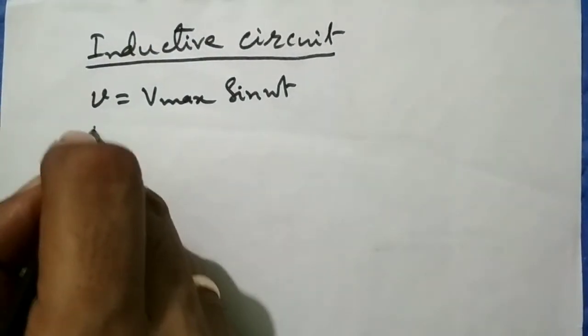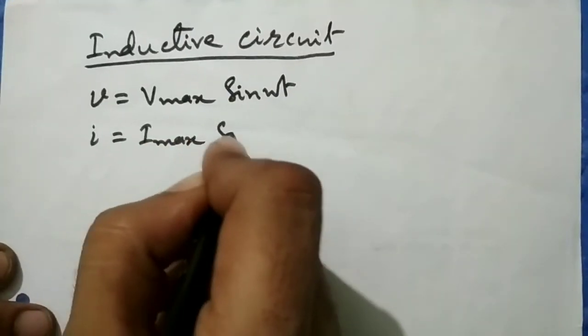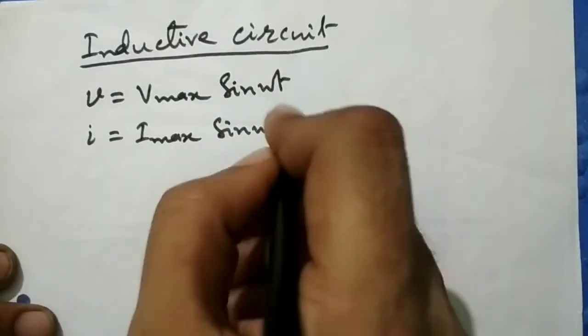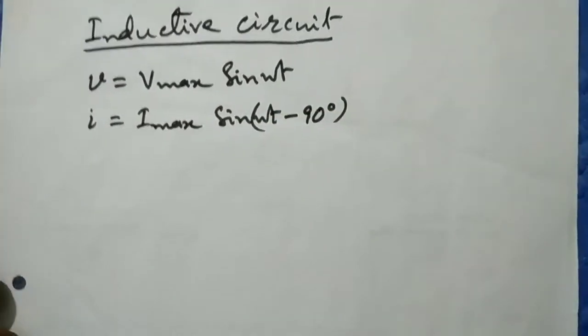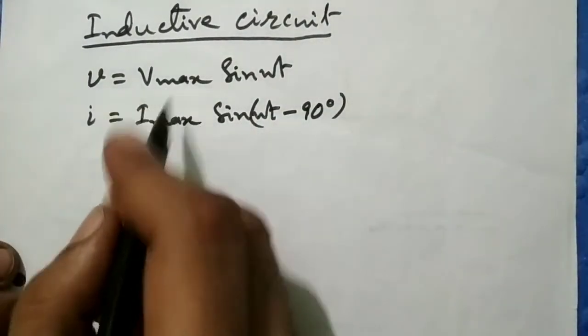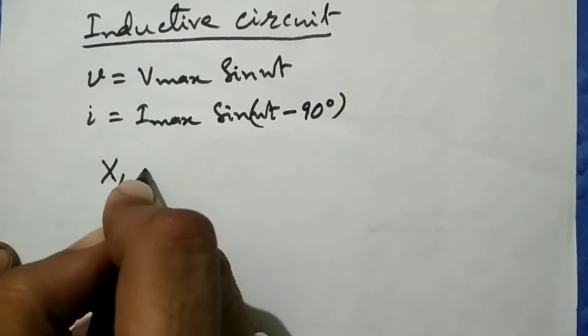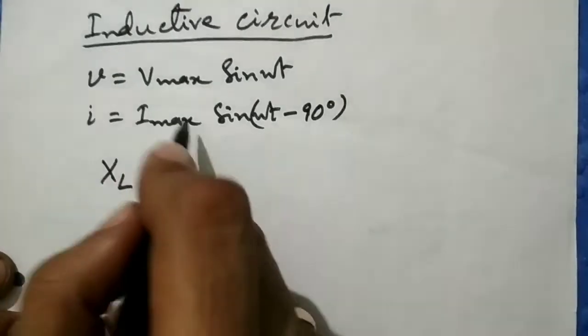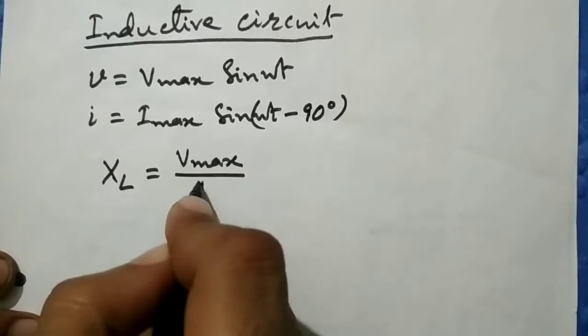So the current will be Imax sin(omega t minus 90 degrees). The relation between voltage and current is called reactance, that is inductive reactance XL, and it is Vmax upon Imax.